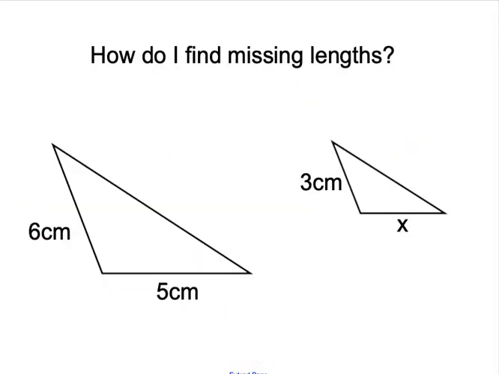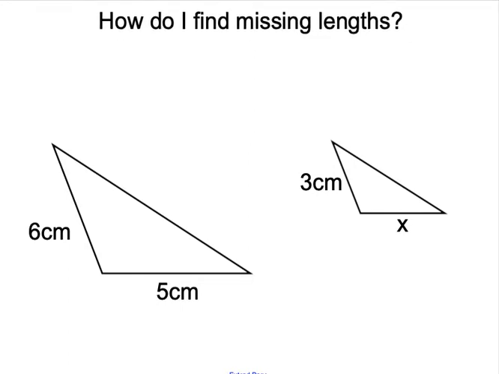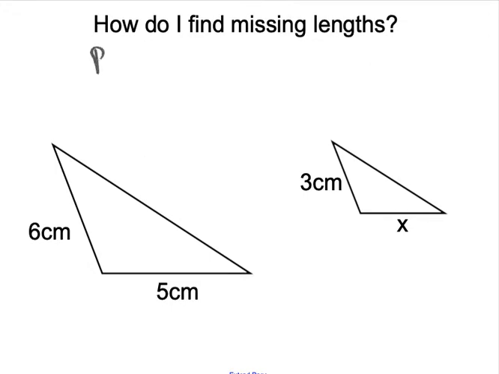How do I find missing lengths then? Well, if they're similar, then their sides are proportional. We can do this two ways. Way number one is to use proportions. I guess these are both using proportional reasoning.